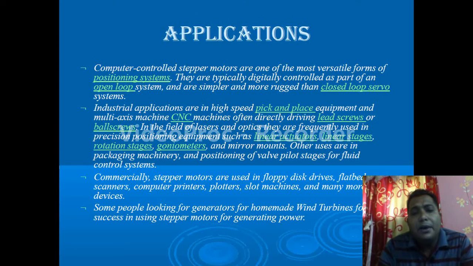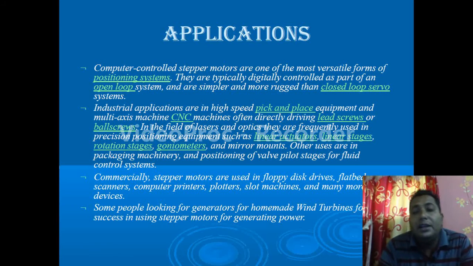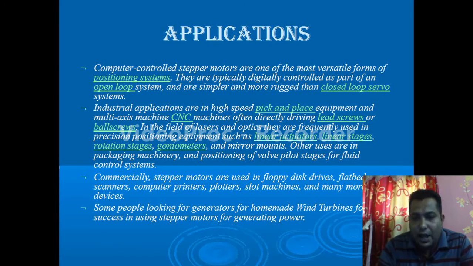In the field of lasers and optics, they are frequently used in precision positioning equipment such as linear actuators, linear stages, rotating stages, goniometers, and mirror mounts. Other uses are in packaging machinery and positioning of valve pointer stages for fluid control systems.